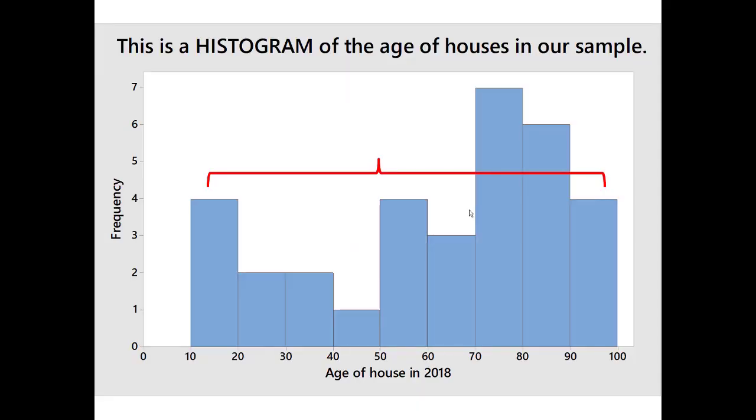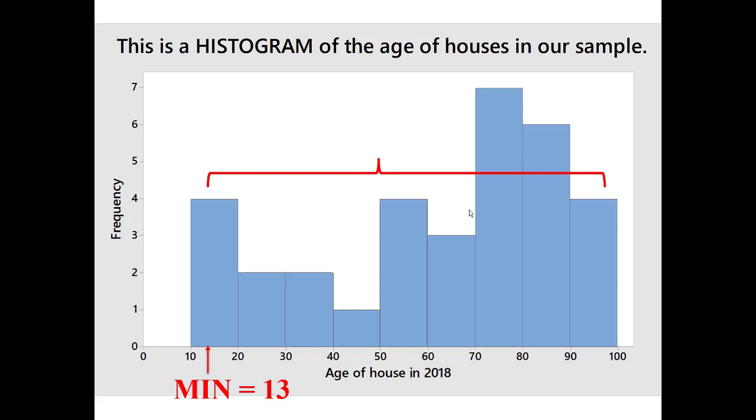Recalling what we just talked about, we see here in this histogram, the same histogram we've seen in the earlier slides, this red line, or I suppose it's like a giant bracket, if you will.